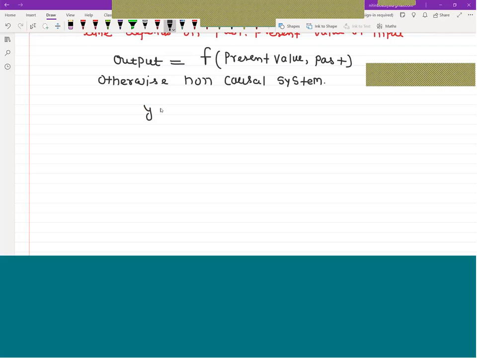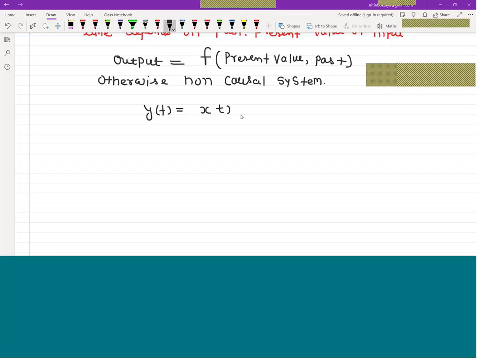y(t) is equivalent to x(t) minus x(t minus 1). We want to know whether the system is causal or not.